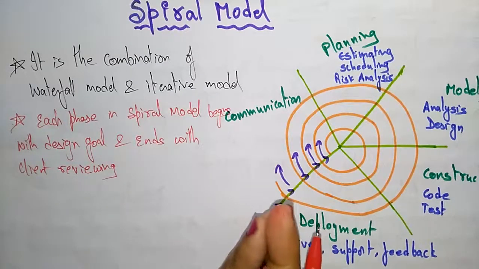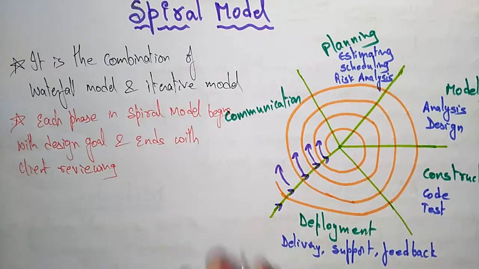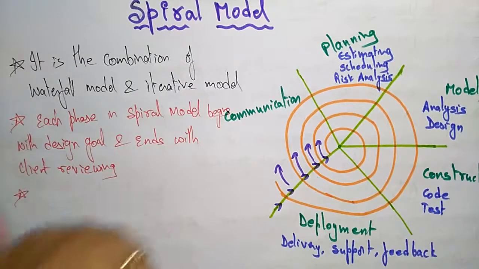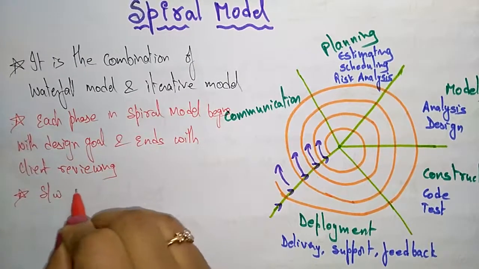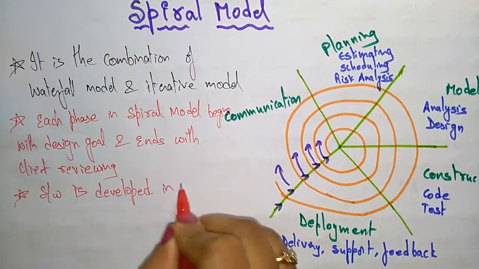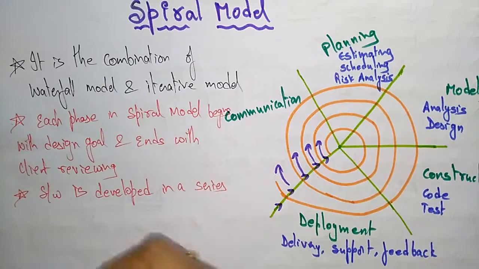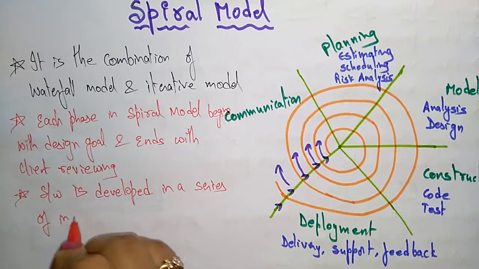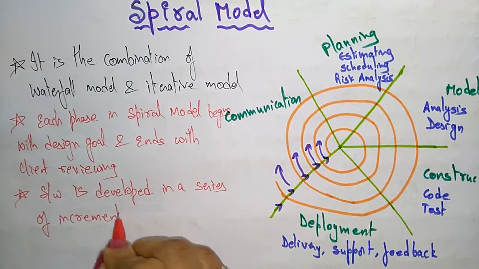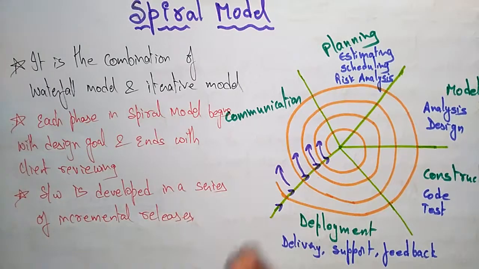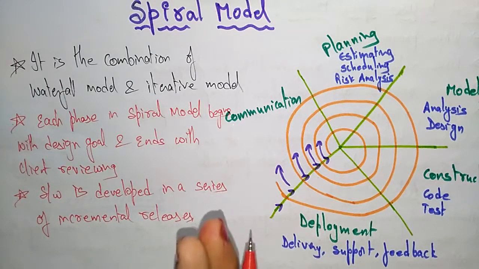Using the spiral model, software is developed in a series of incremental releases. Here the spiral model is divided into framework activities, also called task regions.